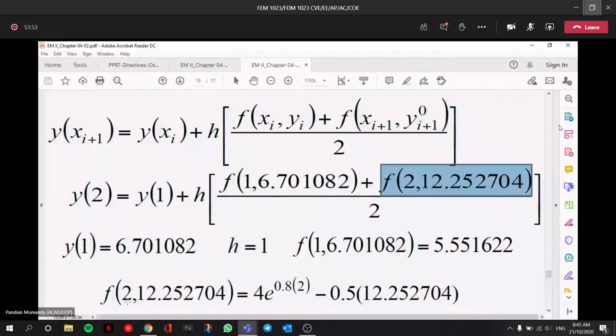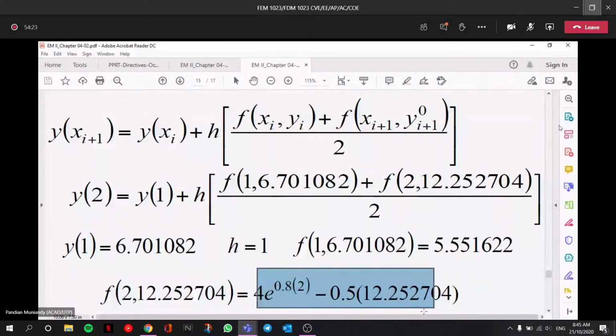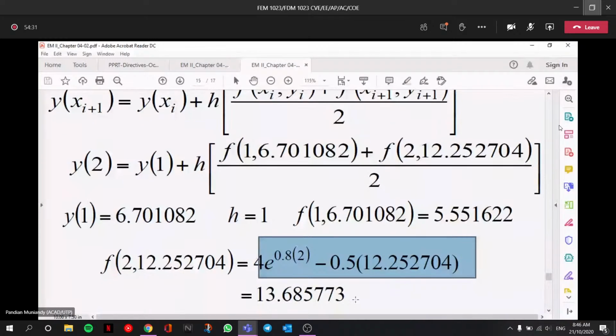F of 2, 12.252704 for 6 decimals only, equals 4 multiplied by e power 0.8 multiplied by 2. This is 1.6. 4 e power 1.6 minus 0.5 multiplied by your y, that is 12.252704. You calculate now. Please calculate this value and see whether you can get this or not. Is this correct?